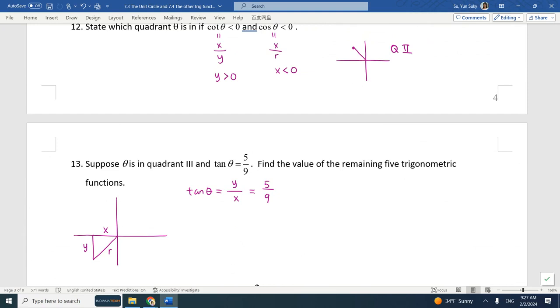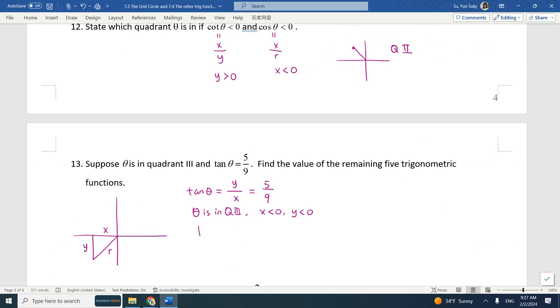The tangent is y over x, and that is 5/9. But because we're in quadrant 3, is your x positive or negative? Is your y positive or negative? Negative. Now you compare. What do you let y to be? -5.